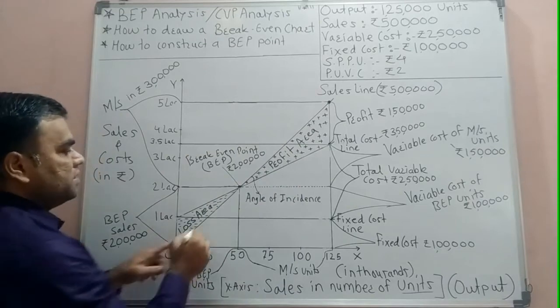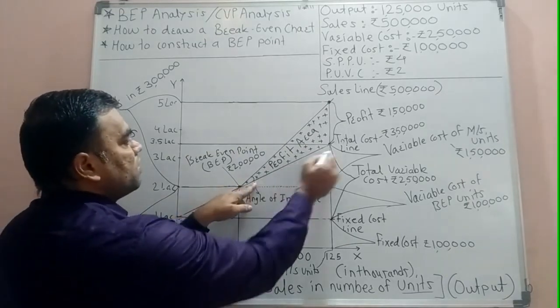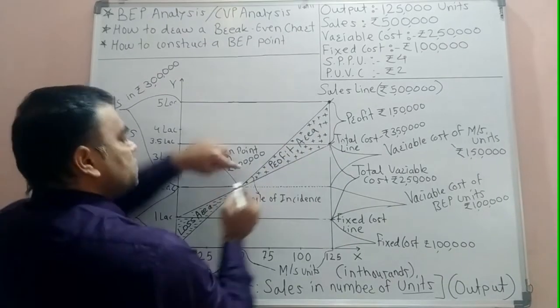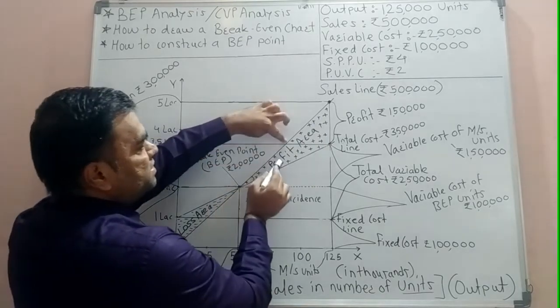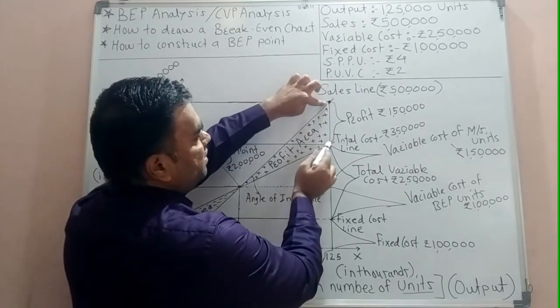Now your sales line is above total cost, and your total cost is below. So your sales is higher than cost. That's why profit.